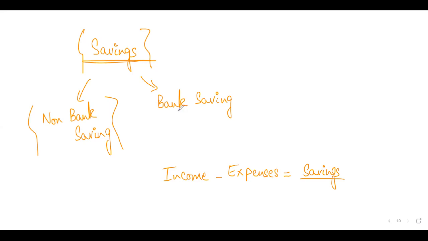And neither is this money being used by anyone else, because we know what happens when we put our money in a bank. We did talk about the credit multiplier process, right? We did talk about how banks issue loans and so on. So when a saver or a depositor puts his or her money in a bank account, that money is channelized to borrowers.